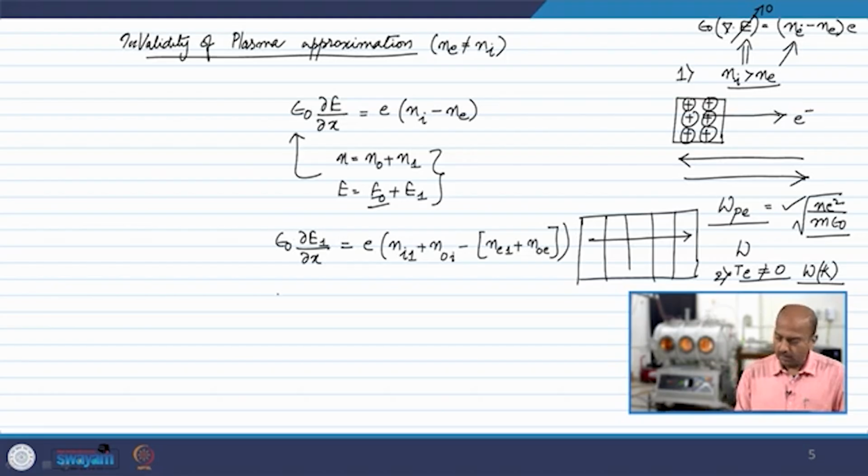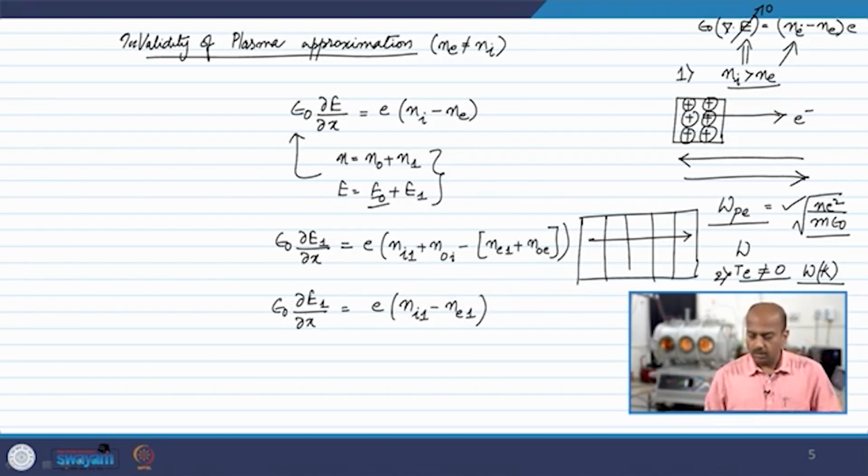At equilibrium we can assume the electron density and ion density to be equal, so these two terms get cancelled. What will be remaining is epsilon naught dE1/dx equals e times (n_i1 minus n_e1). These are the equilibrium terms, so they cancel.